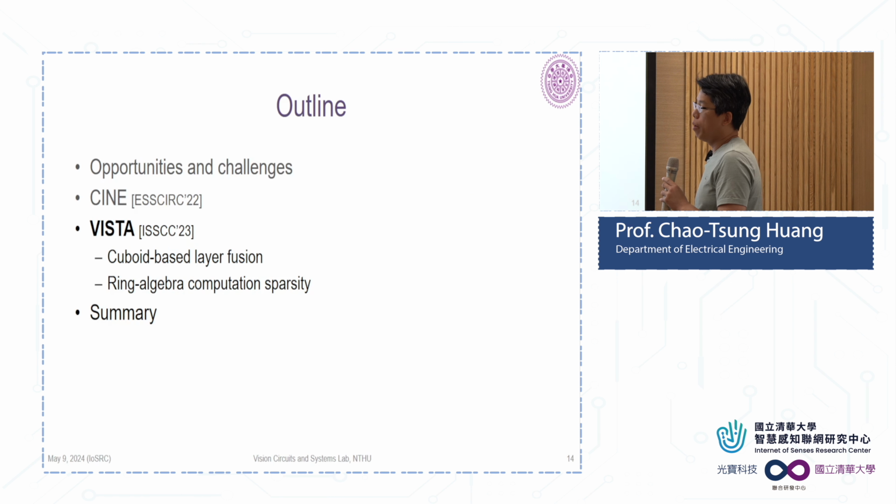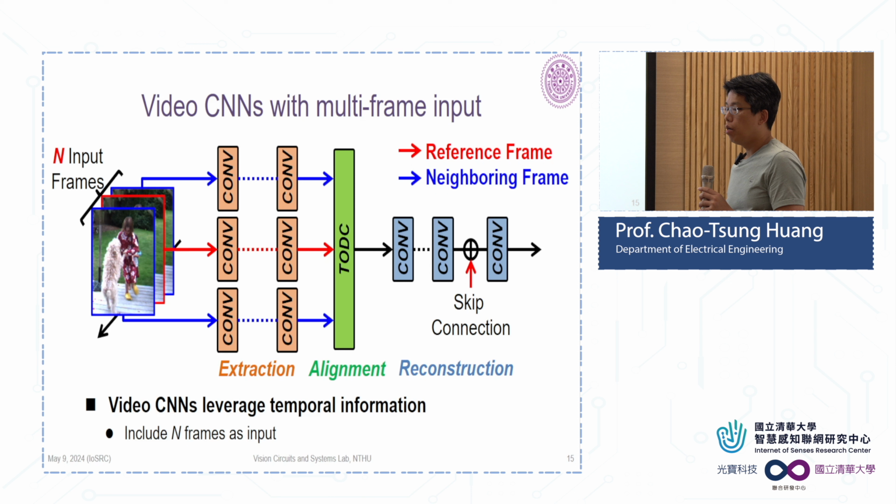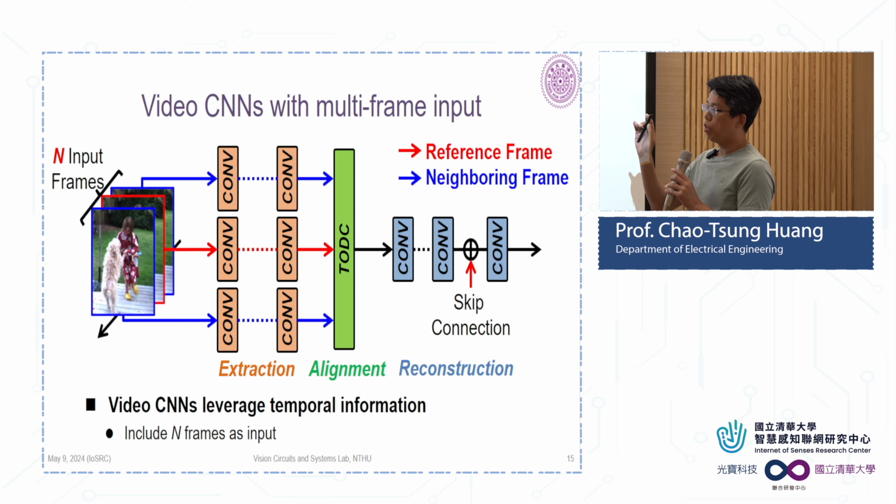And now I would like to talk about our second work, VISTA. So far, when I talk about the CNN network, it means a single image network. It means that we only use one single image input to generate one single image output.